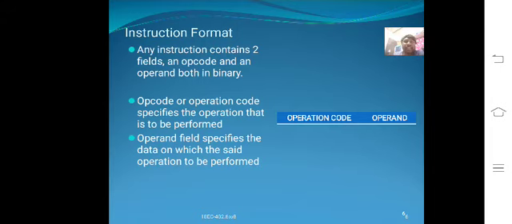Any instruction contains two fields, an opcode and an operand, both in binary form.